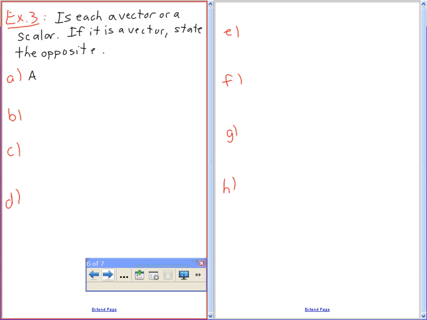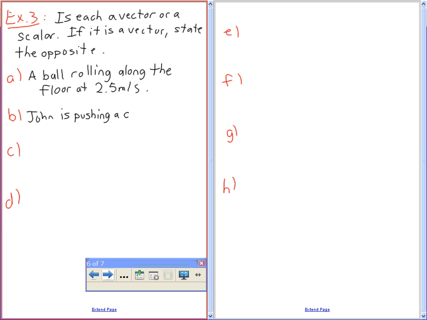A: a ball rolling along the floor at 2.5 meters per second. John is pushing a weight, 250 newtons to the west.